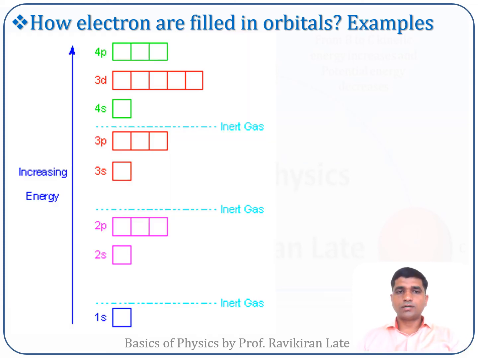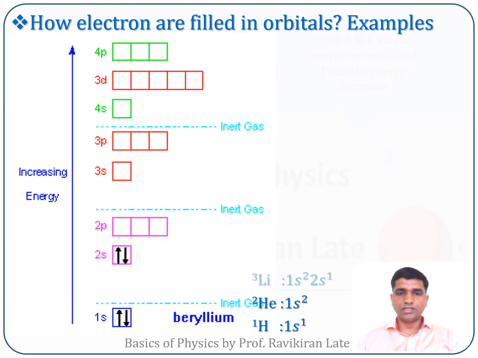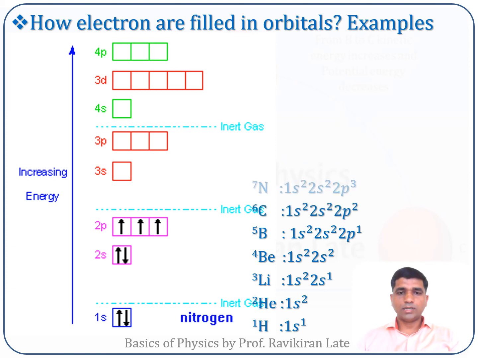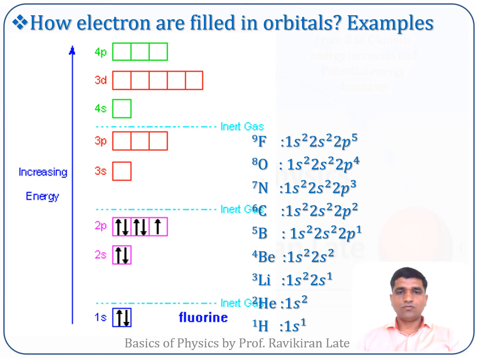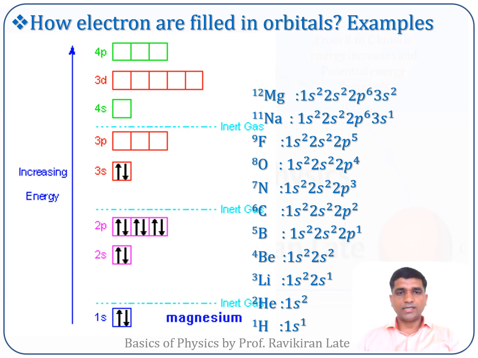Consider the first one, hydrogen, which will have 1s1, that is, the electron which will be in the first orbit. Then helium, lithium, beryllium, boron, carbon, nitrogen, oxygen, fluorine, neon, sodium, magnesium, then aluminum.